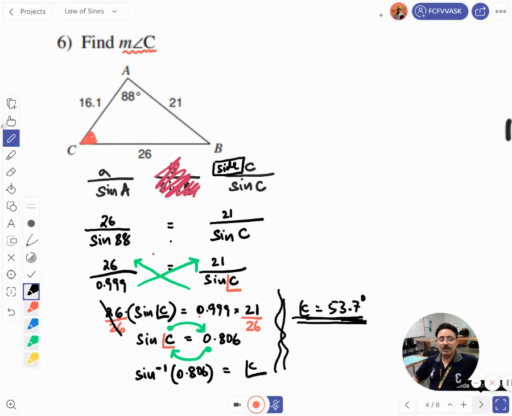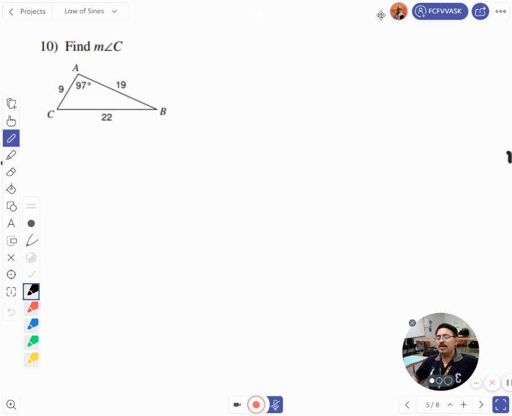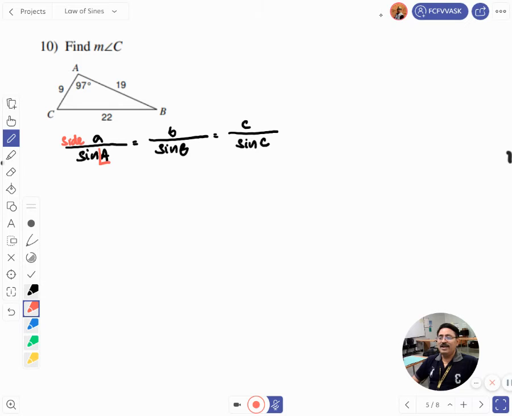I know that just one example is not sufficient to understand any problem, so I'll give another example. This time again you are asked to find the measure of angle C. Quickly let me write A over sine A equals B over sine B equals C over sine C. Now let's plug in these values.